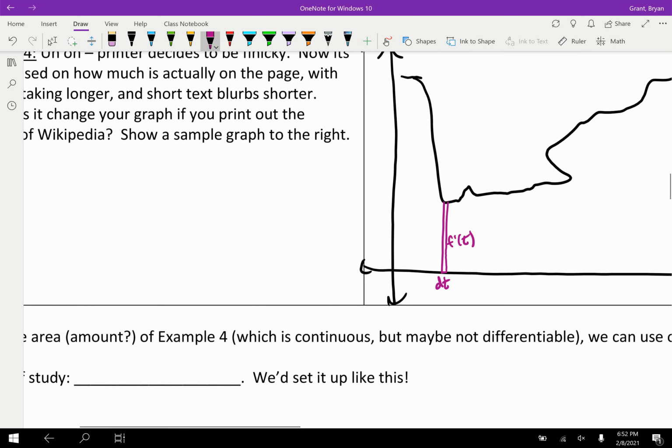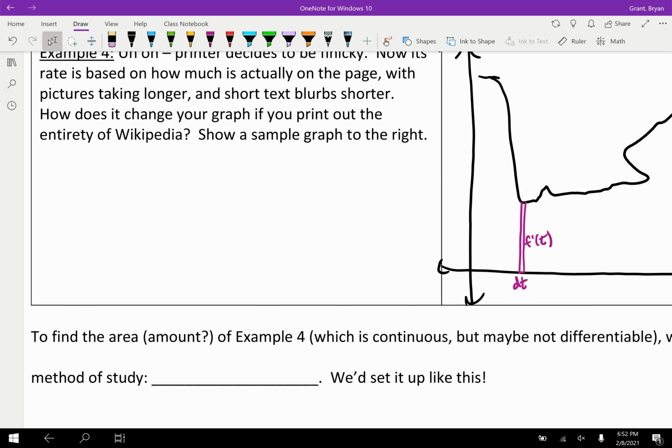And if we wanted to find the area, which will give us the amount in one rectangle, it would be f prime of t, the y value, times dt, the infinitely small x value here, right? Which would give us that perfect area. But then wouldn't we want to sum all of these up?